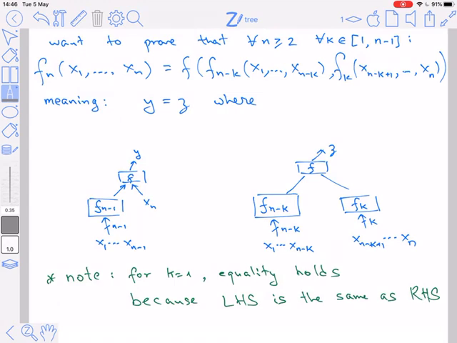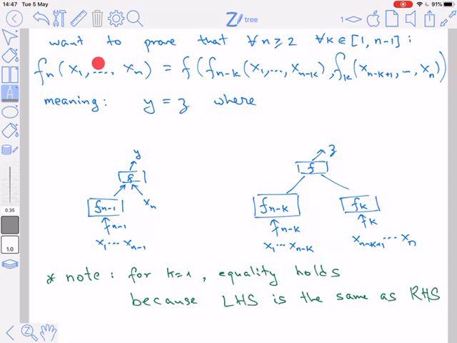Now, we wanted to prove that fn on n bits equals the application of f to n minus k bits x1 up to xn minus k, and the k remaining bits, you apply fk to them. Okay? So, if I were to draw the parse trees of these two expressions, this expression actually says I apply f to fn minus 1 and xn, where fn minus 1 is given the input x1 up to xn minus 1.